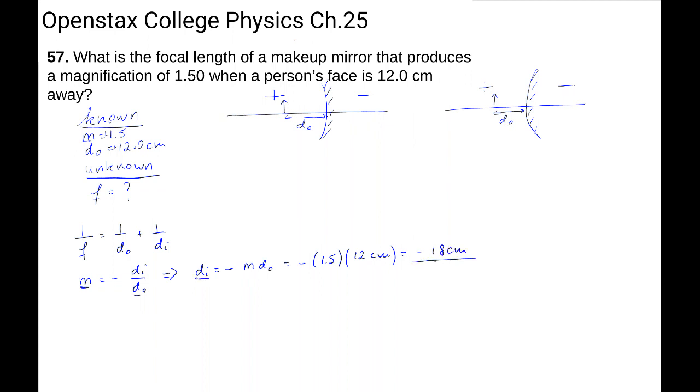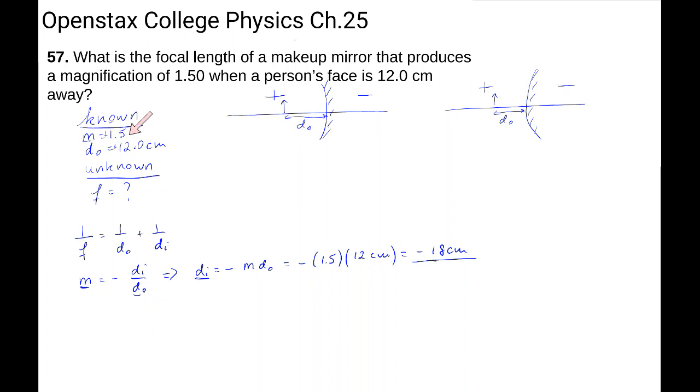So let's stop and look at what this means. Image distance is negative 18 centimeters. Negative is on this side of the mirror. So we know that the image is virtual. And we already knew that actually because we knew that the image was upright.